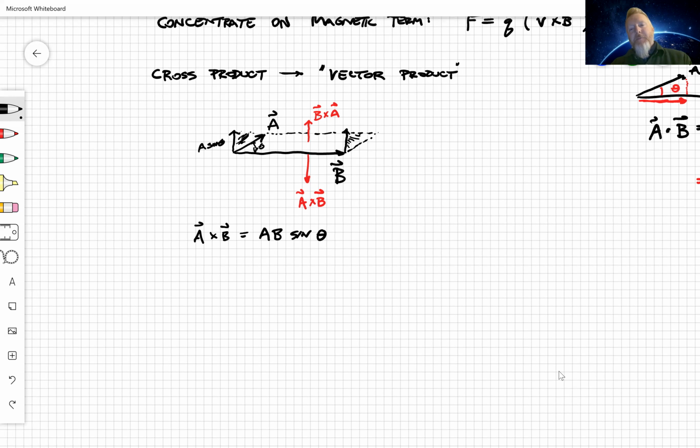Now that is going to be pretty much the way I want to work with it. It's a vector. I'm showing bad modeling here, because when you have a vector, you have to include a direction.